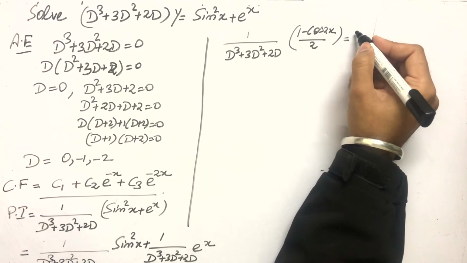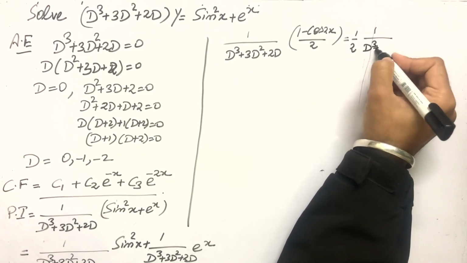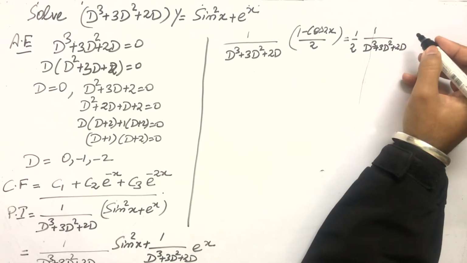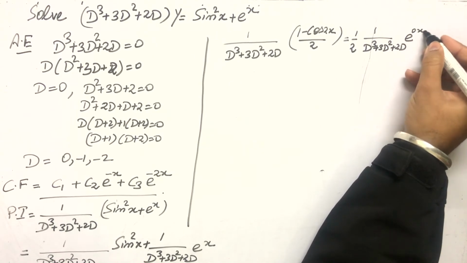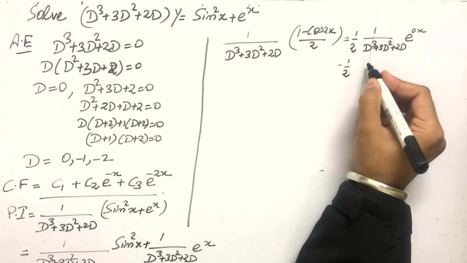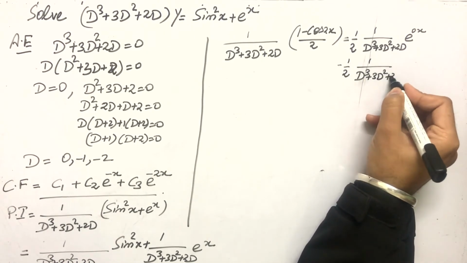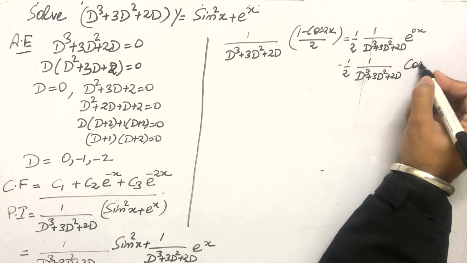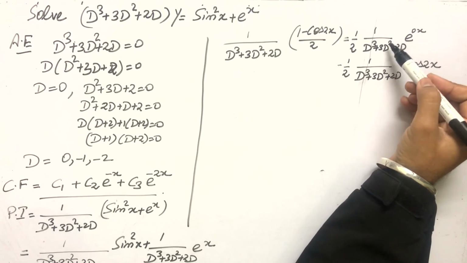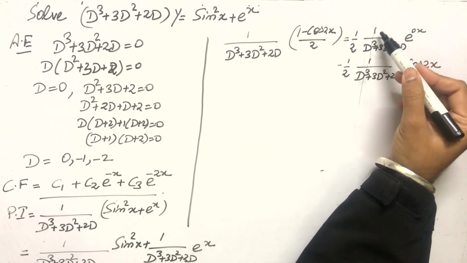So it is 1/2 times 1 upon (D^3 + 3D^2 + 2D) of e^(0x) minus 1/2 times 1 upon (D^3 + 3D^2 + 2D) of cos 2x. As by the formula, when we put D = 0 here, this is a case of failure. So we have to take the derivative.